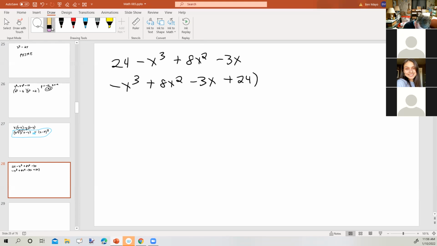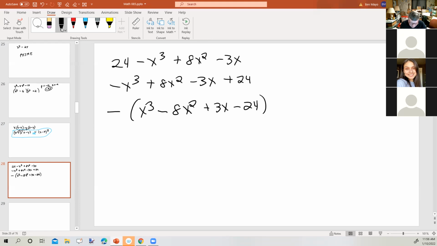Oops, I didn't need that parentheses there. But my leading coefficient is negative, so I'm going to factor out a negative, which will give me that.